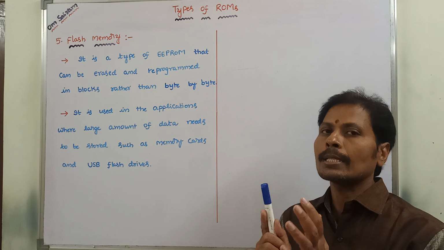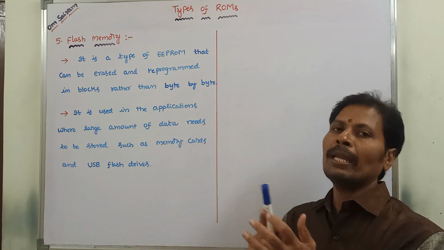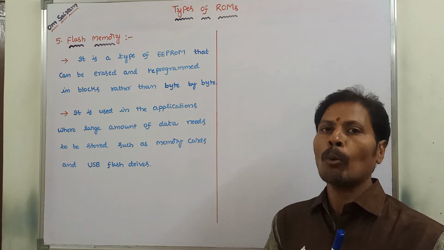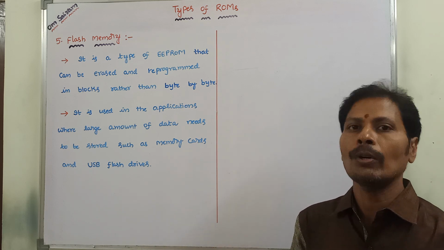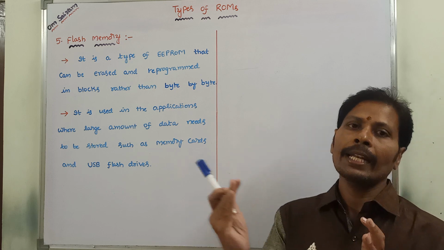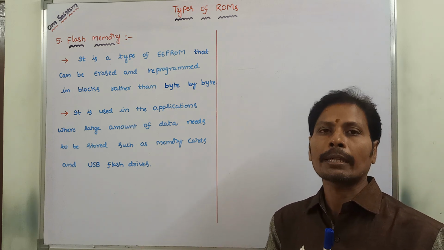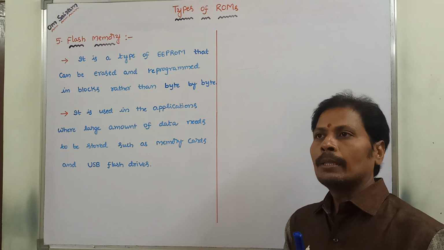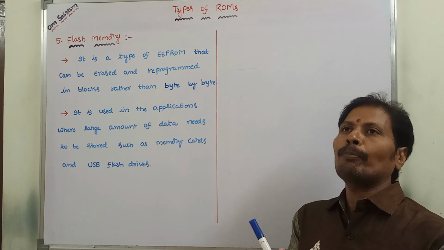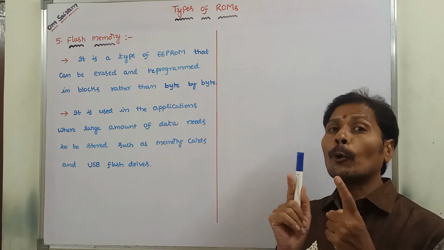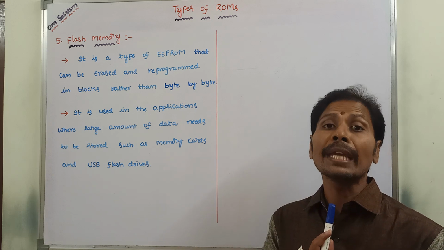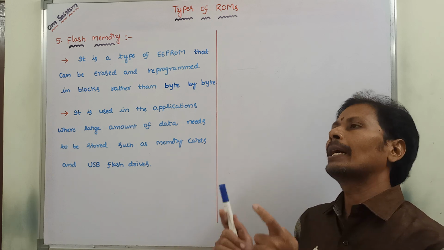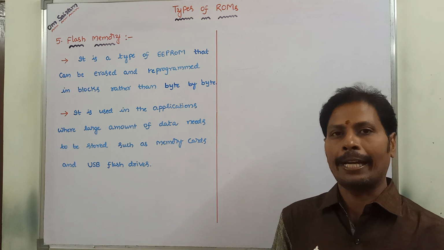Once the data is programmed in the MROM chip, it cannot be modified. Now considering the programmable read-only memory, the data can be programmed only once by a user on the PROM chip, but it cannot be modified.